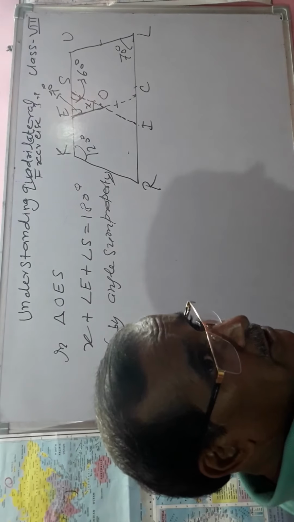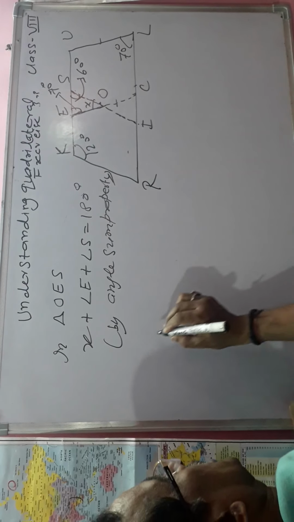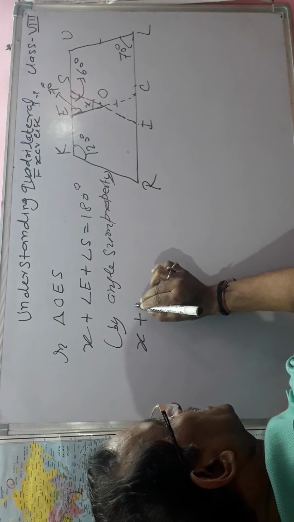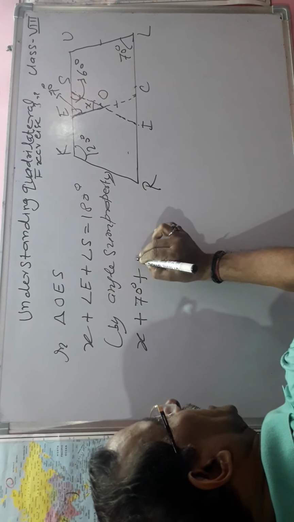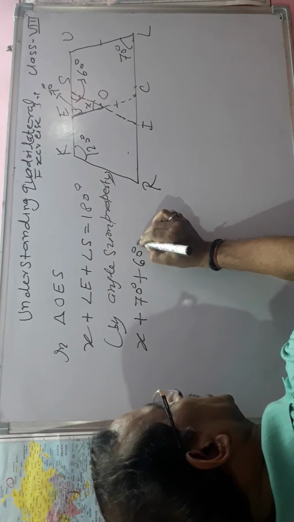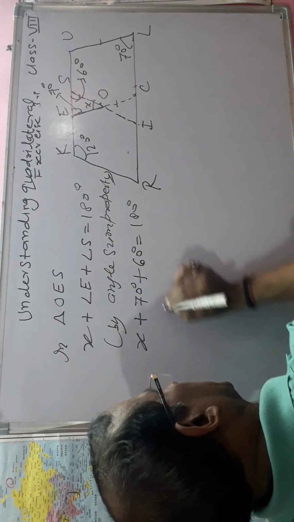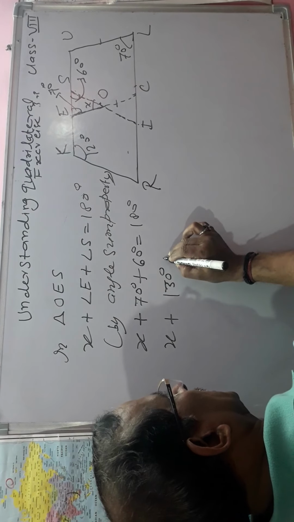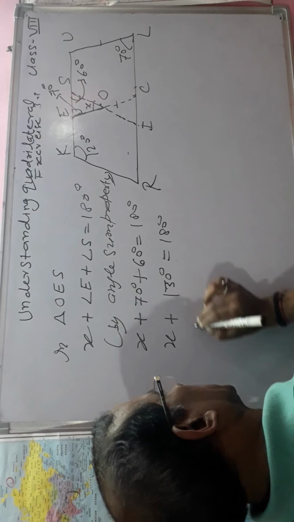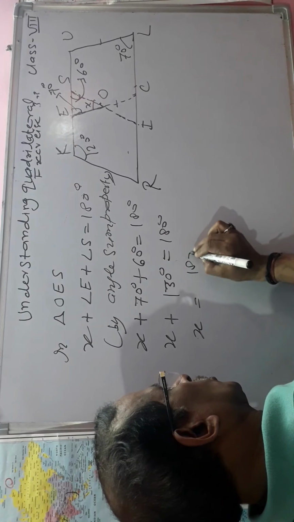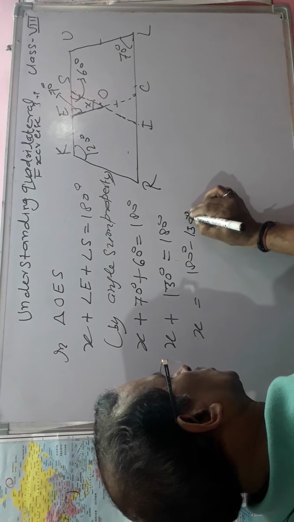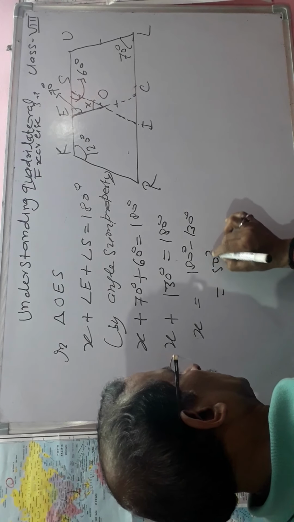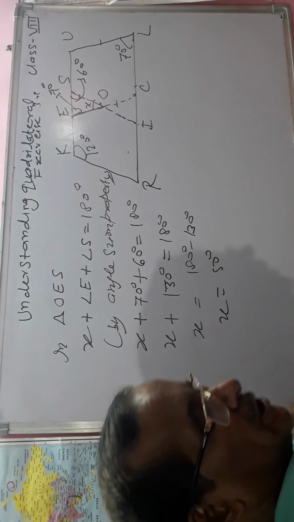Sum of all angles of a triangle is equal to 180. Now angle X plus angle E 70 degree plus S 60 degree is equal to 180 degree. X plus 130 degree is equal to 180 degree. Then X is equal to 180 minus 130 is equal to 50 degree. Value of X is equal to 50 degree.